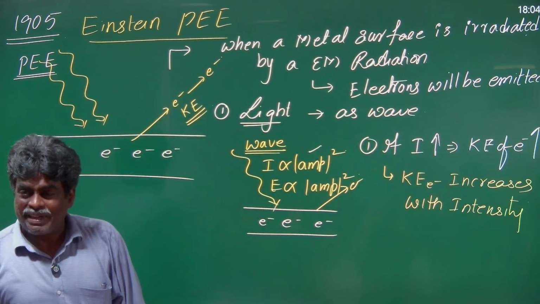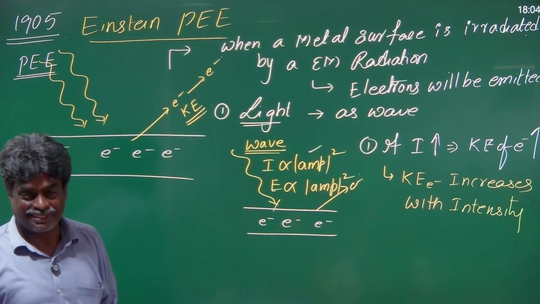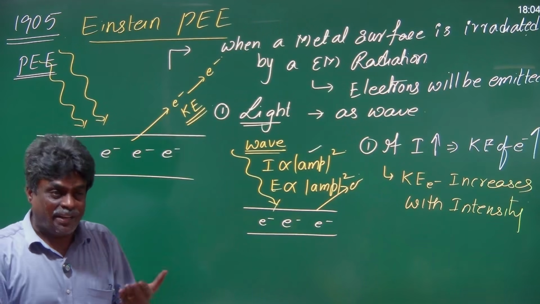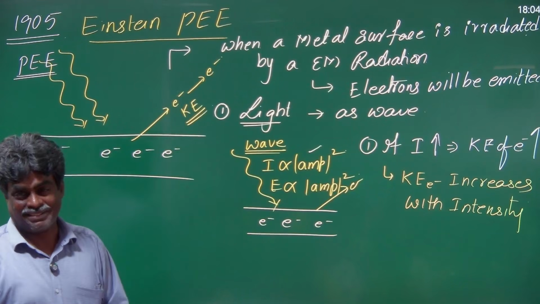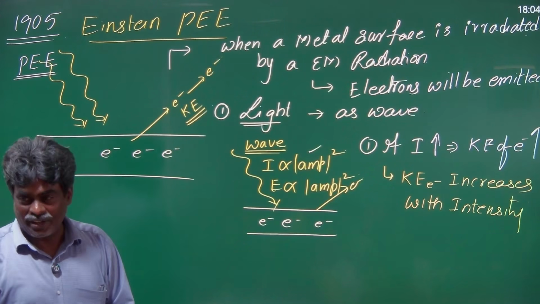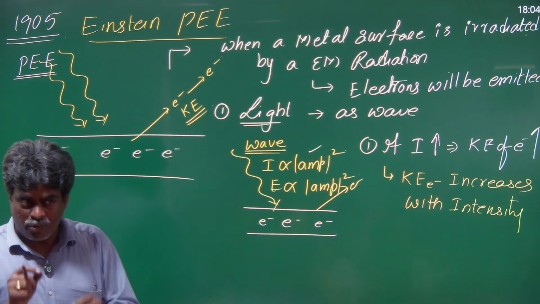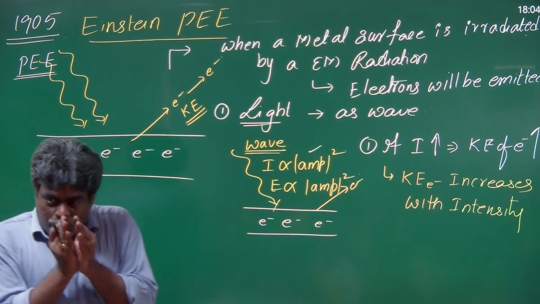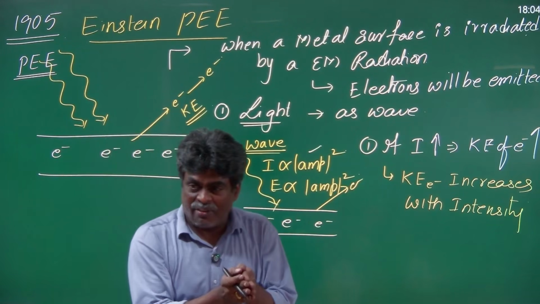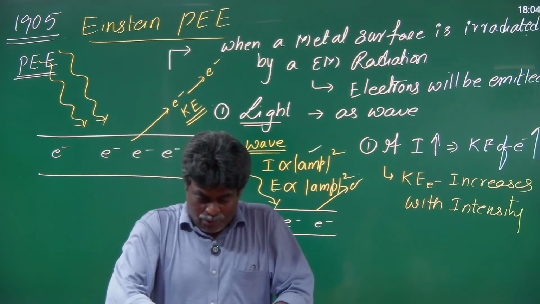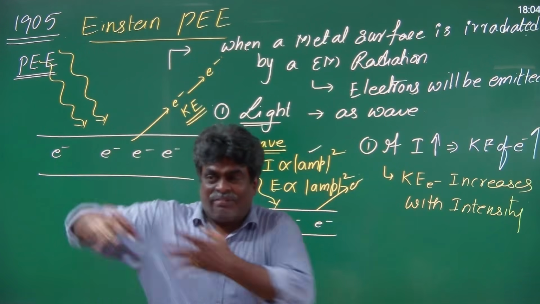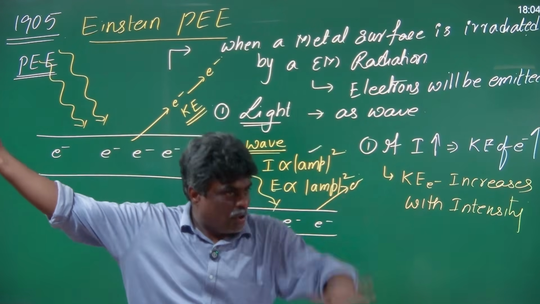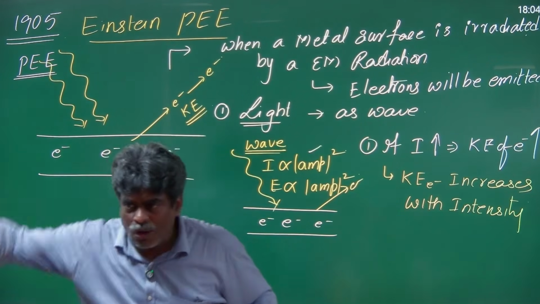But experimentally what did they find? Kinetic energy of the electron is independent of intensity. So, contradiction. I don't know how many of you are listening properly. If you assume it behaves like a wave, if you increase the intensity, then definitely the electron must have high kinetic energy. If low intensity, low energy, low kinetic energy.